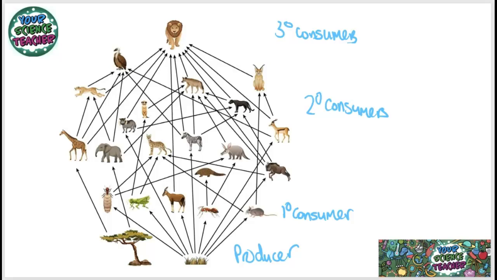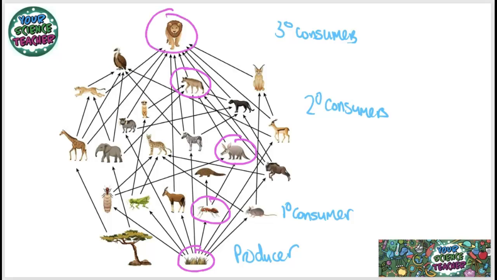Let's turn this food web into a food chain so we can look at some of the energy that gets transferred. So if I start with my producer here, which is grass, and I just follow one chain, I see my grass is eaten by, I think this is just a regular ant. And then after my ant, I have an aardvark. Then after my aardvark, I have a hyena. And then the hyena is eaten by a lion.